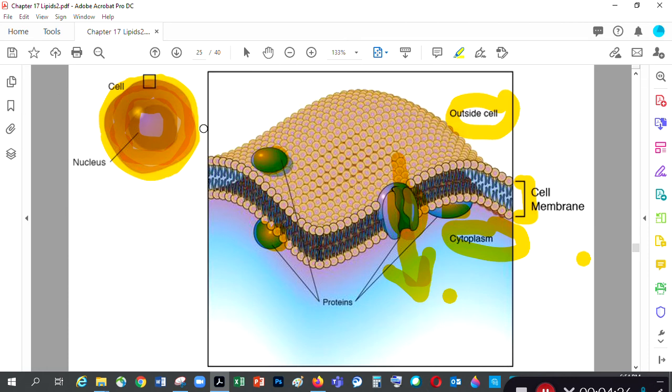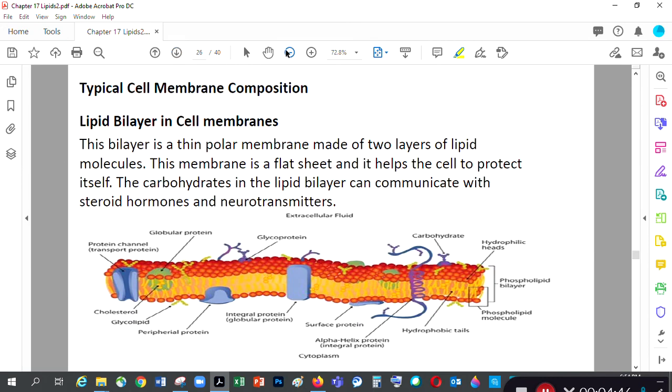So this is just a picture to show you how the bilayer cell membrane looks like, just protecting, and where this cell membrane is located.